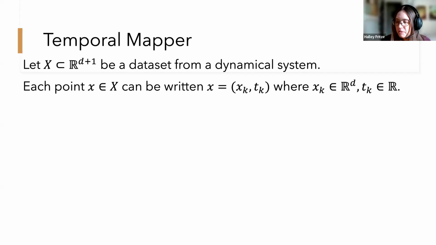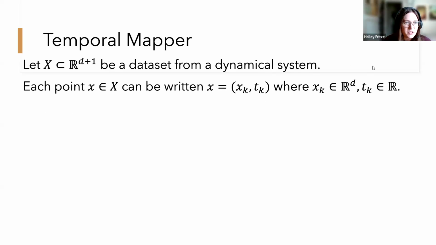So I was working with someone, and we decided to think of a way to apply Mapper to climate systems. We decided to do it with something called temporal mapper. If you have a data set that is some dynamical system, you can think of each point as having both a spatial portion, x sub k, and a temporal portion, t sub k.